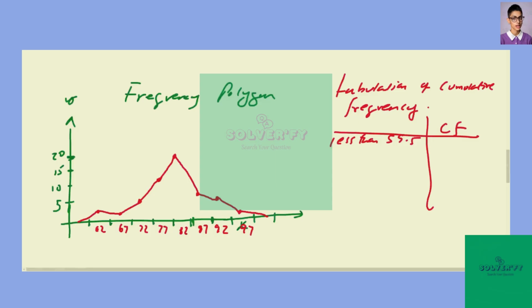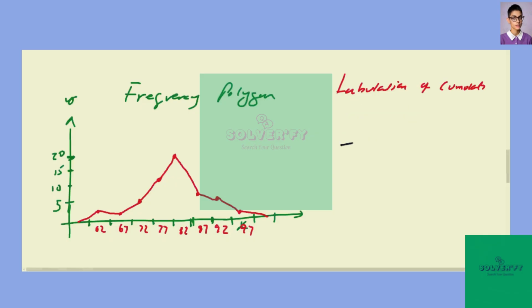Our goal is to graph the ogive. I think we're going to have to do it a little bit below. And so there's a tabulation of the cumulative frequency graph.